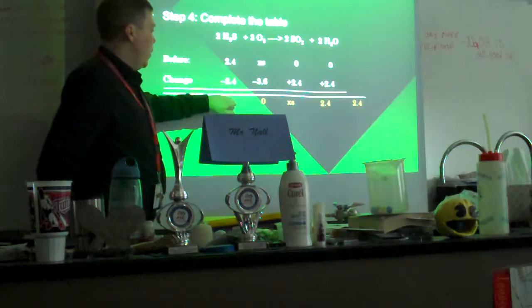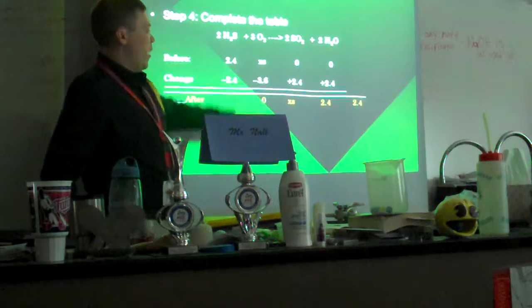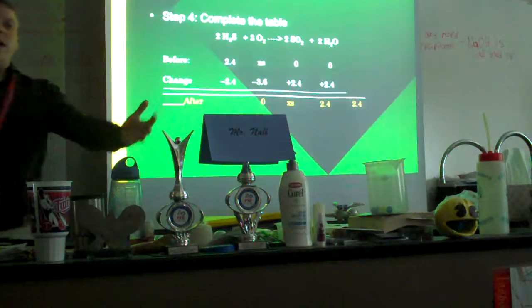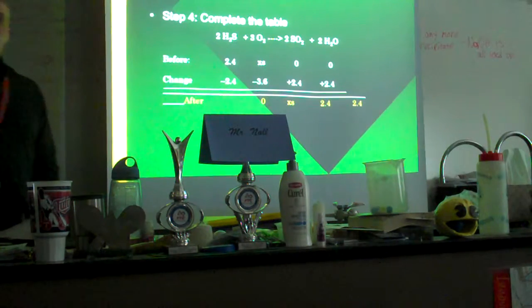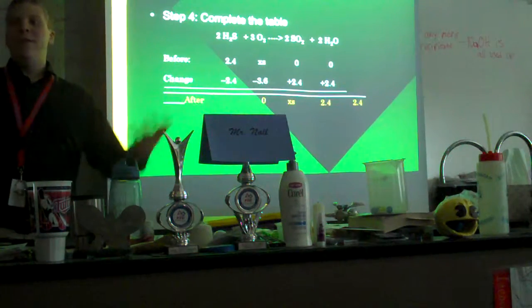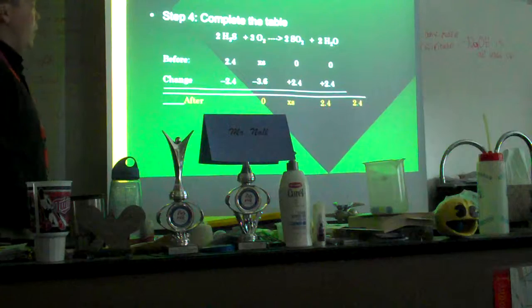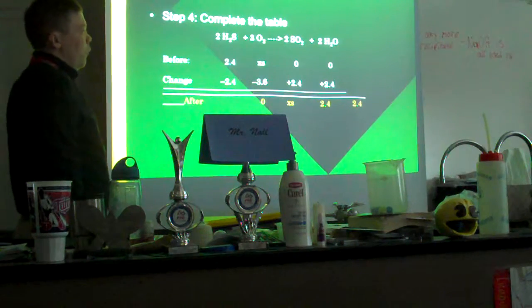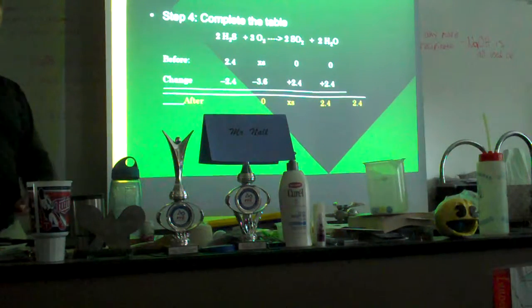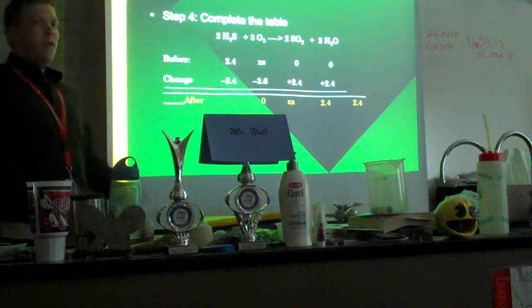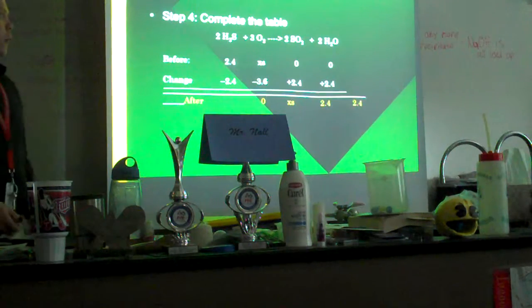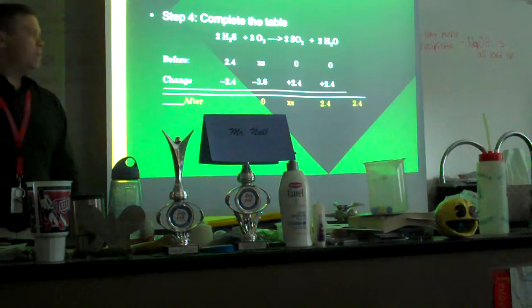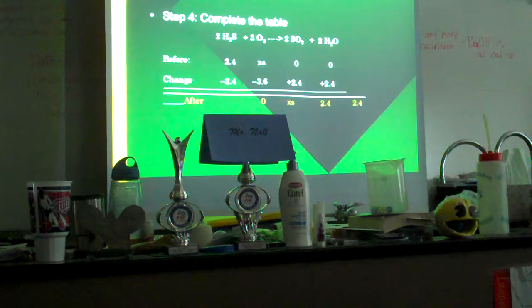So this should be 0. Excess minus 3.6 is still excess. You have no idea how much oxygen gas there is in the world, so it should usually be in excess. Sulfur dioxide, we had 0 to start with, we should have 2.4 to end with. And then the same thing for water vapor: 0 to start with, 2.4 to end with. Okay?